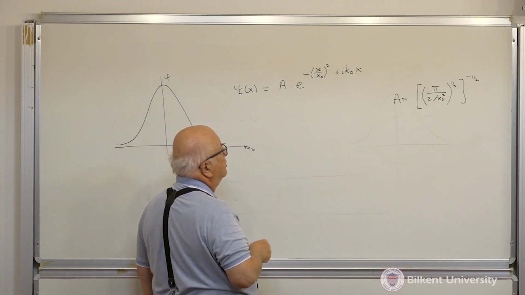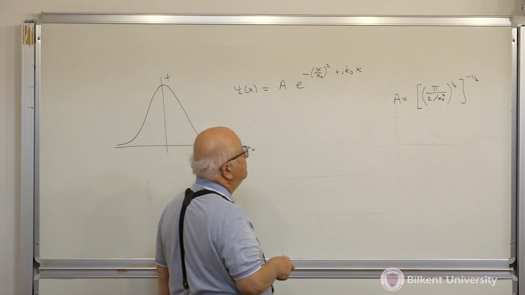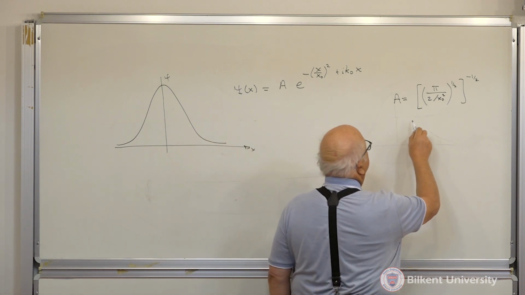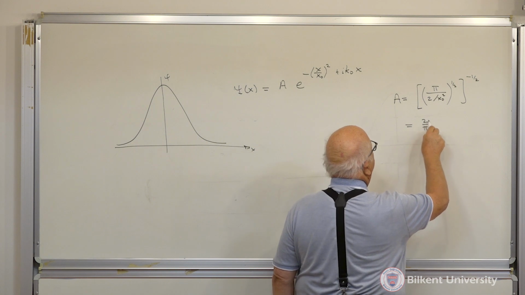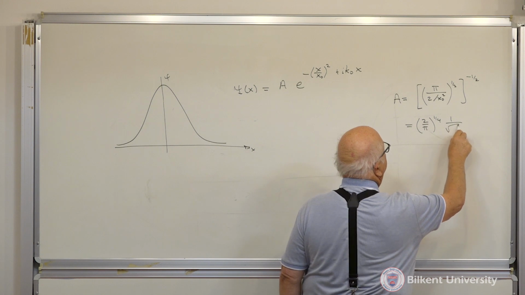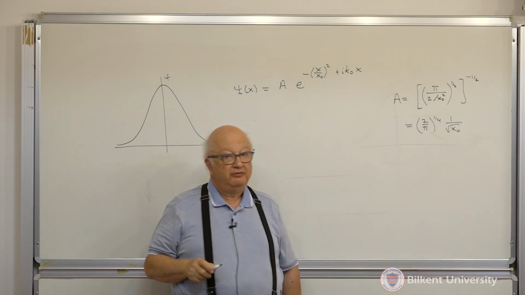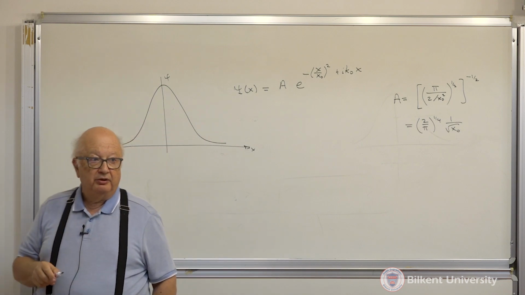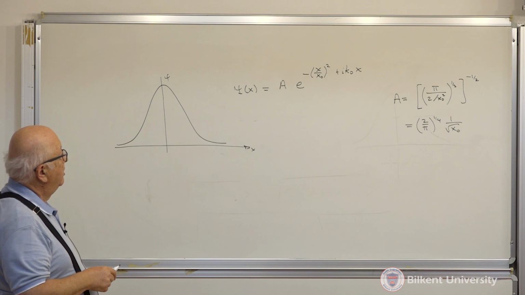So assuming A is real and positive, this is what we would get: 2 over pi to the power 1/4, times 1 over square root of x0. Okay, so with that value of A, the wave function is normalized.